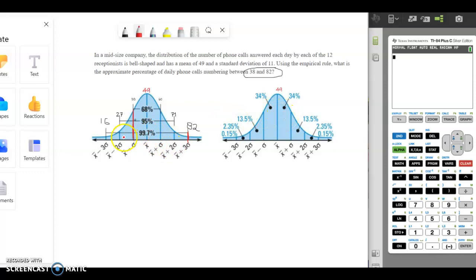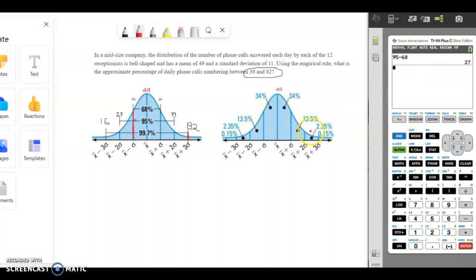Okay, then from 27 to 71 is 95%. So what we're going to do is take 95 minus 68, because the 68 is already accounted for in these two pieces. I just need these little tail guys here. So 95 minus 68, because I already counted that, gives me 27.